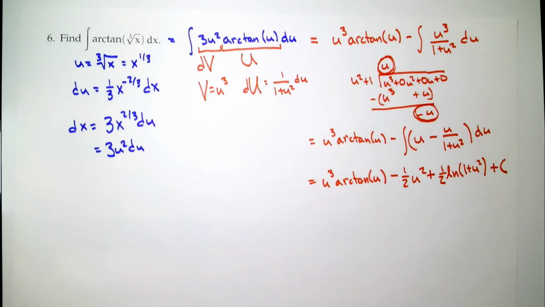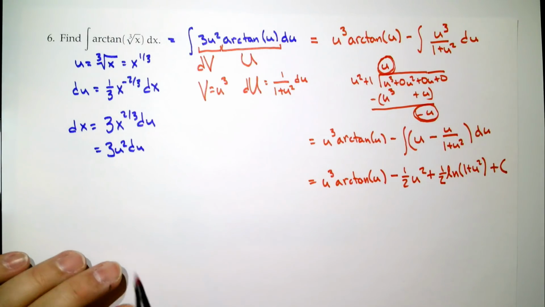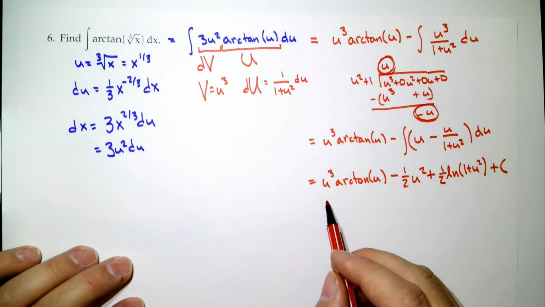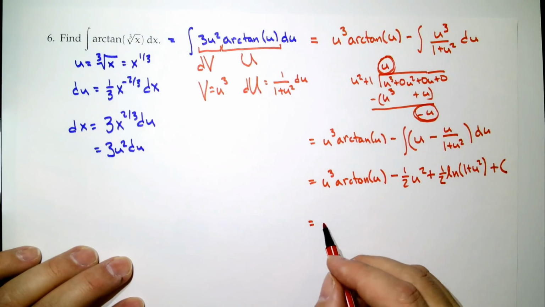Is that our final answer? No. What's wrong? Yeah, right now it's in terms of u. We want to go back to x. If you have an indefinite integral, whatever variable you start with, that's the variable you need to end with. Okay, so cubed root of x is u. U cubed becomes x.